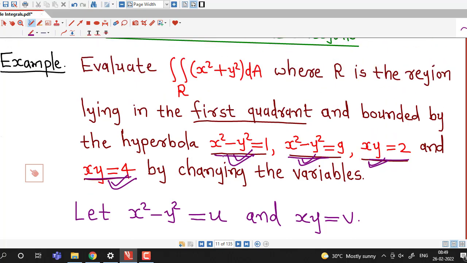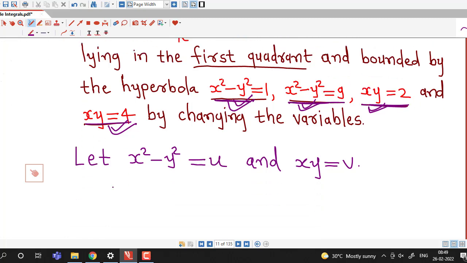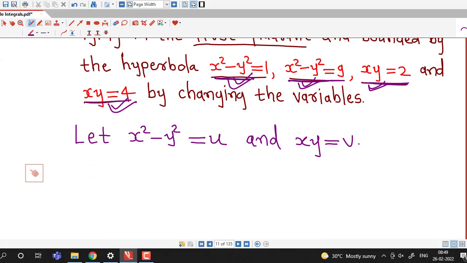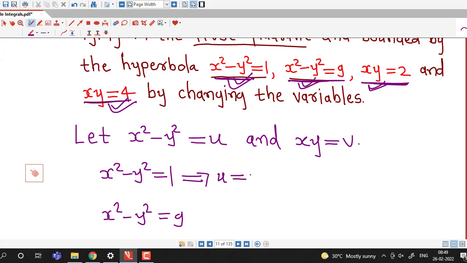So now here it is not necessary to sketch the region of integration. Why, that I am explaining. Suppose I consider these two curves, x square minus y square equal to 1 and x square minus y square equal to 9. If we take u equal to x square minus y square, we will obtain u equal to 1, and u equal to 9.